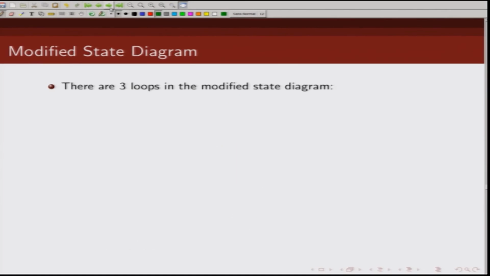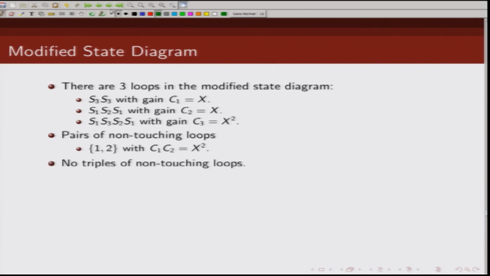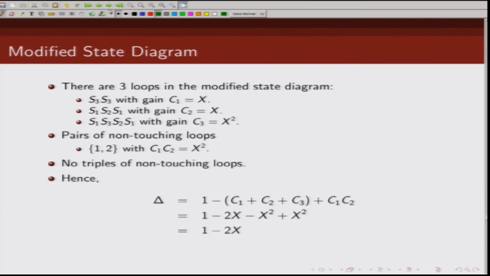The set of non-touching loops is C1 and C2, and the gain corresponding to them is x^2. There is no set of 3 loops which are non-touching. So, we can find the value of delta, which is 1 minus the summation of the loop gains plus the gains of the sets of non-touching loops. This comes out to be 1 minus 2x.